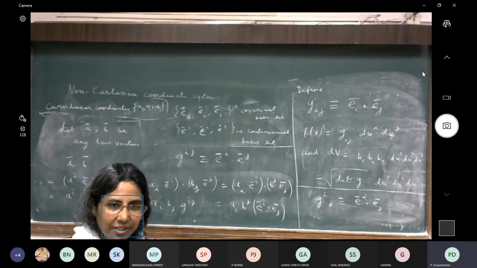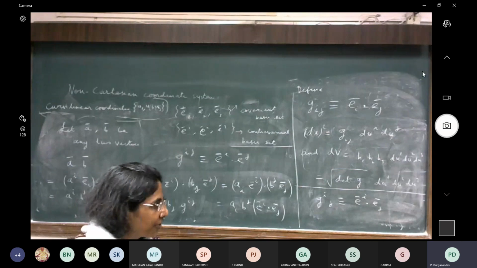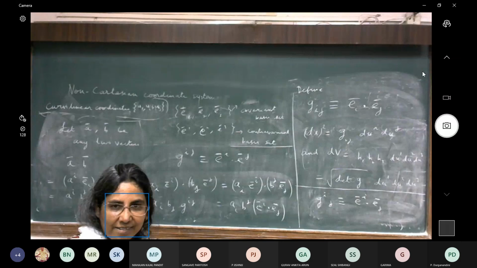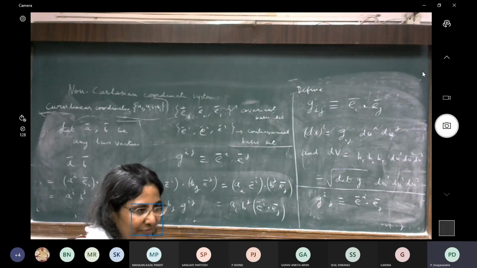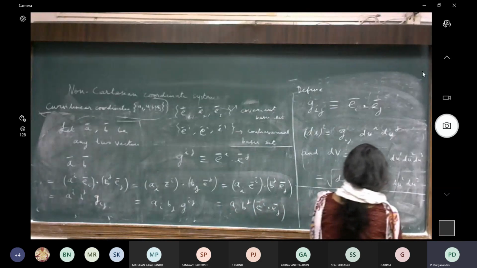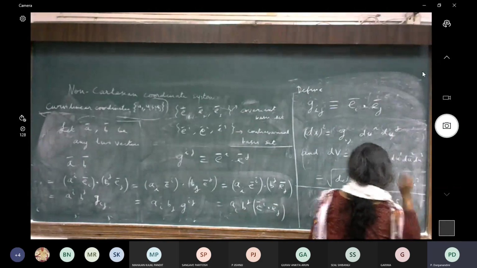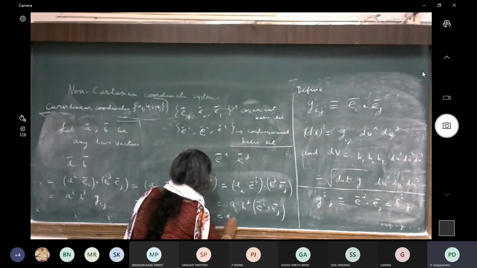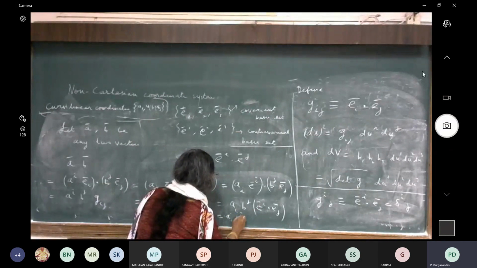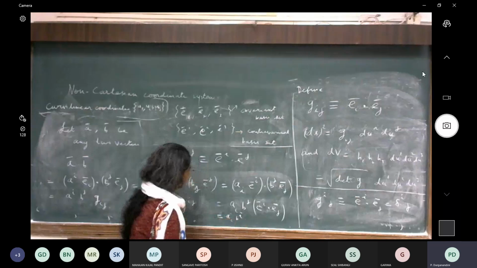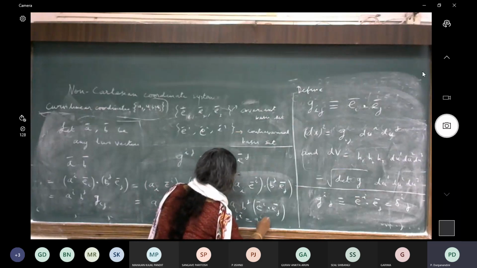They were the epsilons. So how are epsilons and these E's related? If you remember, these were reciprocal vectors. So this is going to be 0 unless i equals j. So what we will get therefore is that this is nothing but Ai Bi. So now you can see that I have the scalar product with the repeated index summation, one contravariant, one covariant, and verify for yourself. Now I could also have done it like this.